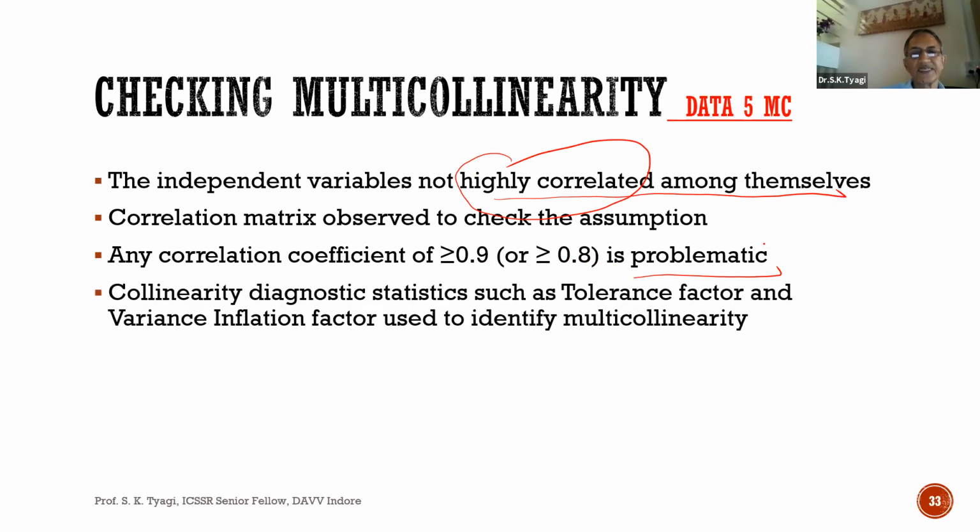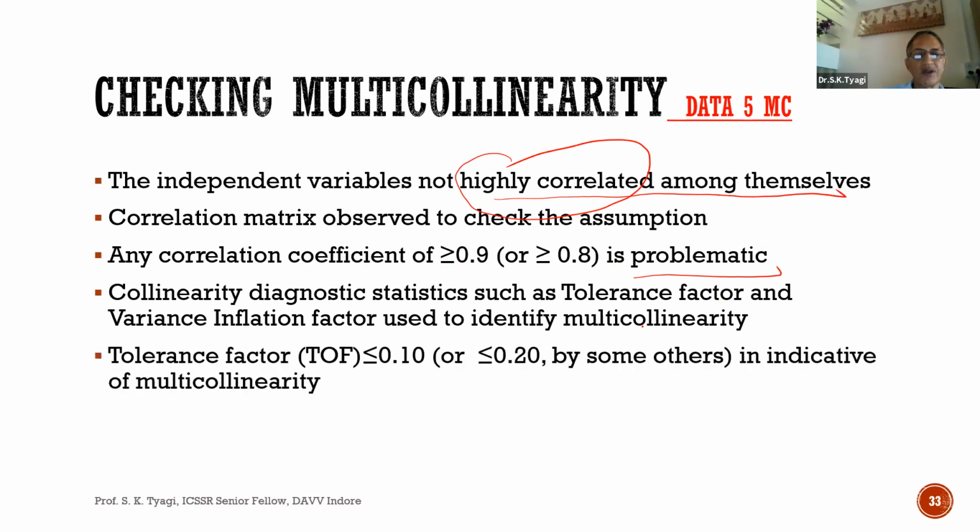Collinearity diagnostic statistics such as tolerance factor and variance inflation factor are also used to identify multicollinearity. A tolerance factor of less than 0.1, or less than 0.2 by some others, is indicative of multicollinearity.